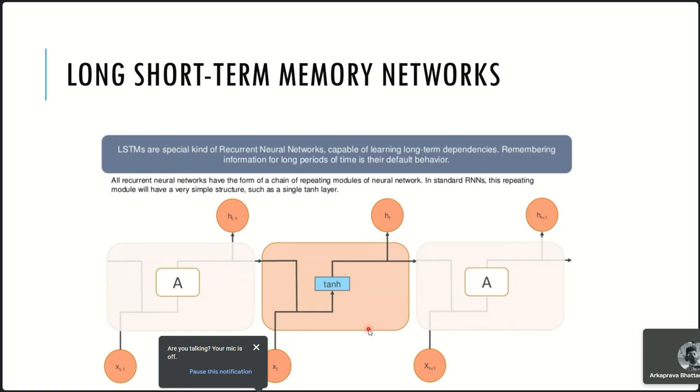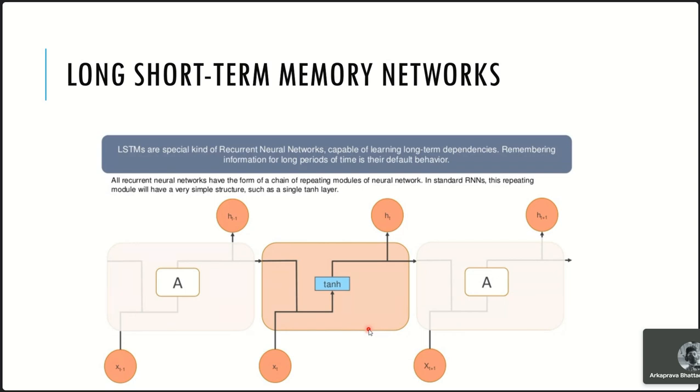They are capable of learning long-term dependencies, and they are capable of storing information for longer periods of time. Unfortunately, plain RNNs or vanilla RNNs didn't have that. But LSTM has this advantage of storing information for longer periods of time.